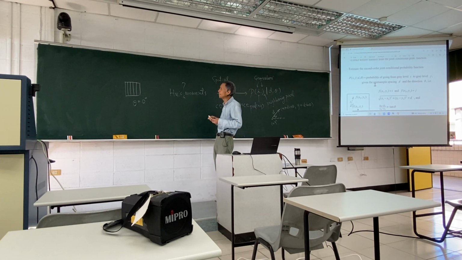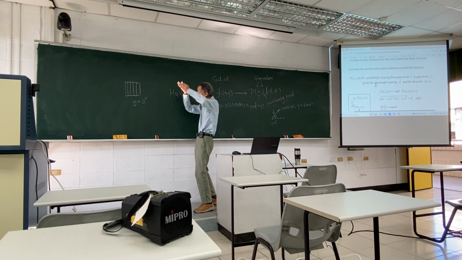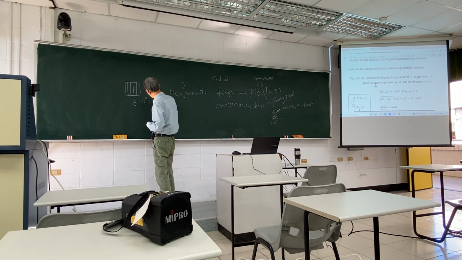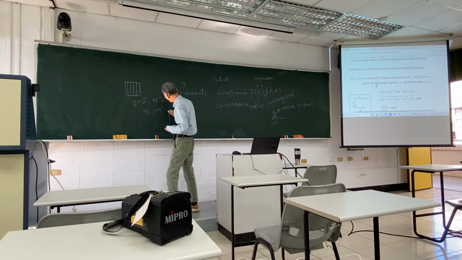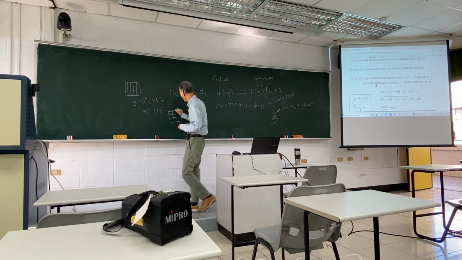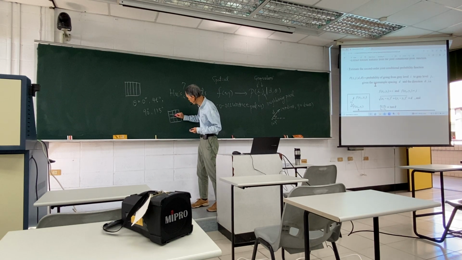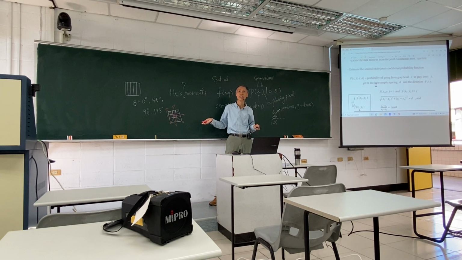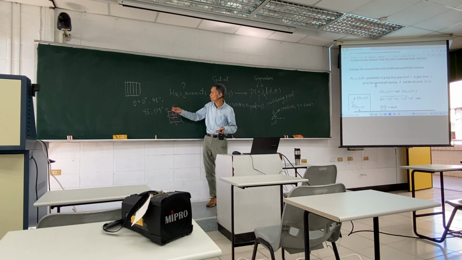But if you have no idea at all what the texture direction in the image will be, in most cases you will look for 0 degree, 45 degree, 90 degree, and 135 degree, which are the horizontal, vertical and diagonal directions. If you have no idea at all, usually we look for these 4 directions.